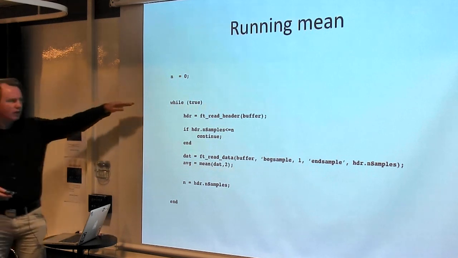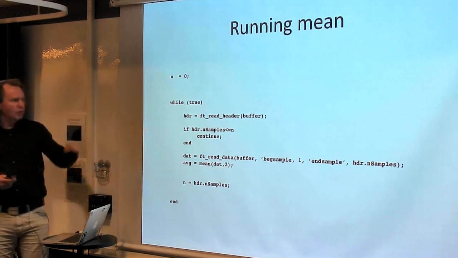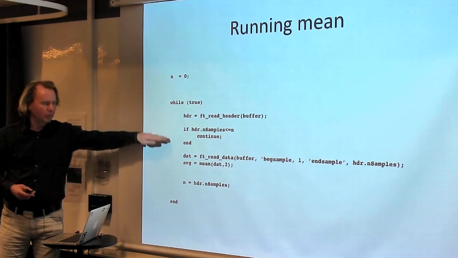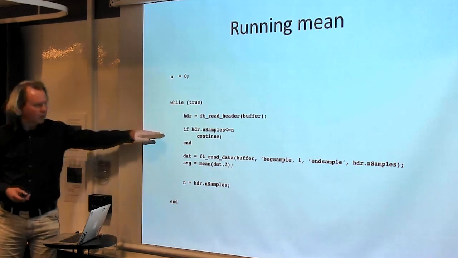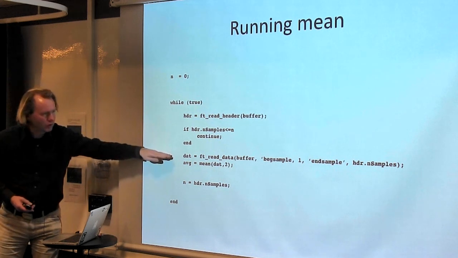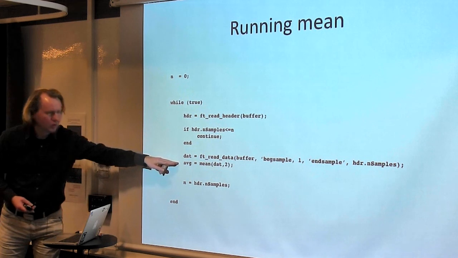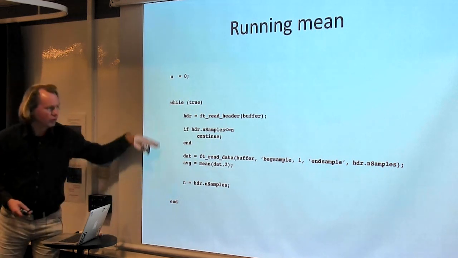What I do is I have an infinite while loop. But rather than plotting the data, what I'm doing is reading the header. If there are no new samples, then I continue. So I just repeat. But if there are new samples, I read all the data, I compute the mean over the samples, and I update n, which is needed here.